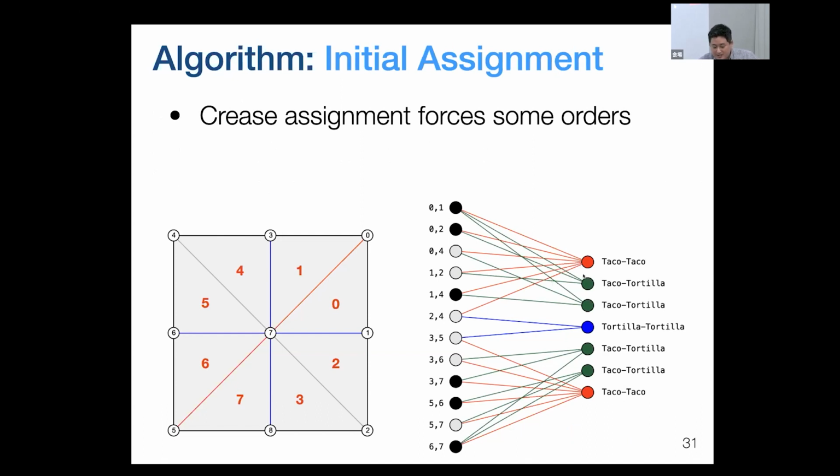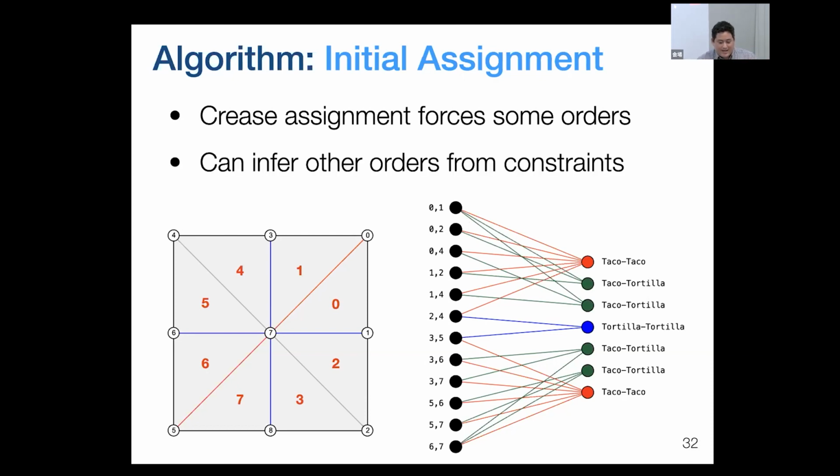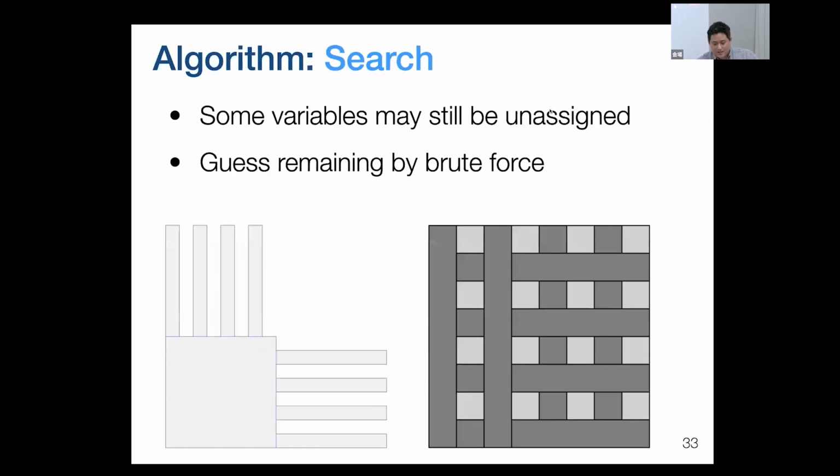It happens to be the case that for these constraints, if you fill in some of the information, other information can be automatically inferred. So without doing any exponential search, for this particular crease pattern, we can just fill in all the rest that are inferred from these constraints. And that can be done in cubic time, because it's a linear walk on the constraint graph.